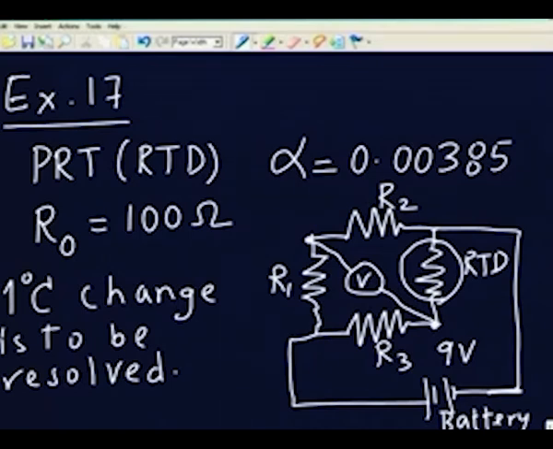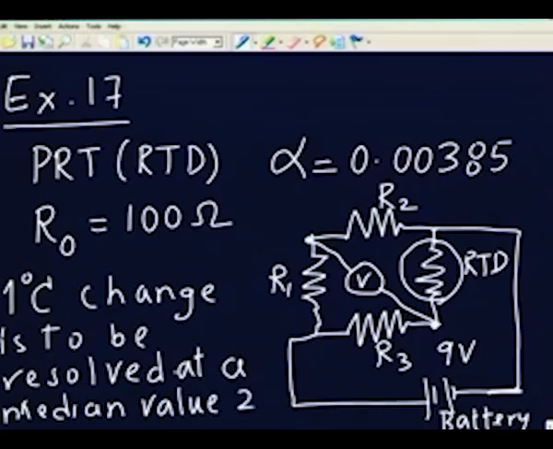So, what is the requirement of the voltmeter is what we want to do, and I want to check this 1 degree change is to be resolved at a median value of 20 degrees Celsius. So, if it is at 20 degrees Celsius and if it changes to either 19 degrees or 21 degrees, what is going to be the state of affairs is what we want to look at.